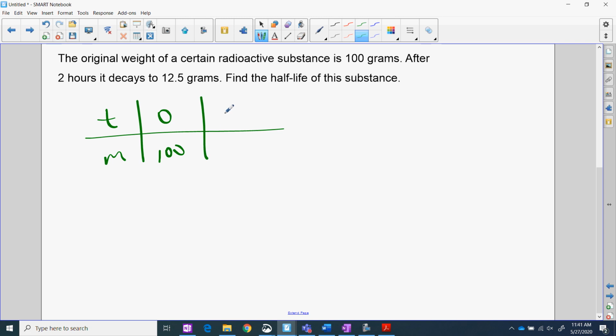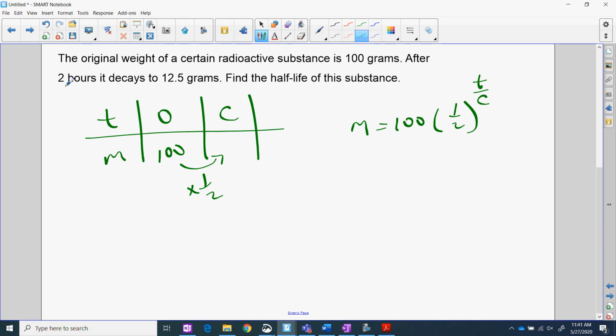We didn't know what the scale was in order to end up with our half-life, so we're going to multiply by a half. So our function was going to be the mass is 100 times 1/2 raised to the exponent t over c.